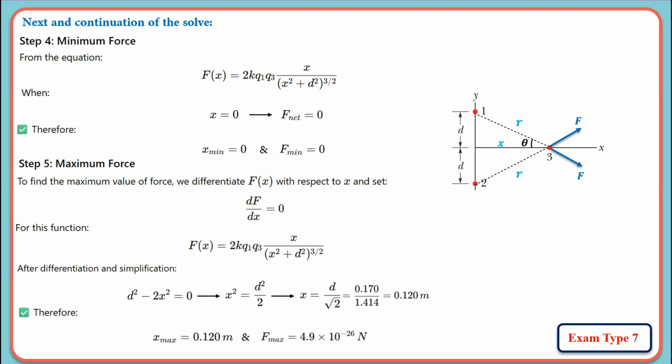So x equals 0.120 meters. That is the position where the force becomes maximum. Substituting this value back into the force equation gives the maximum force equal to 4.9 times 10 to the power negative 26 newtons. Excellent work.